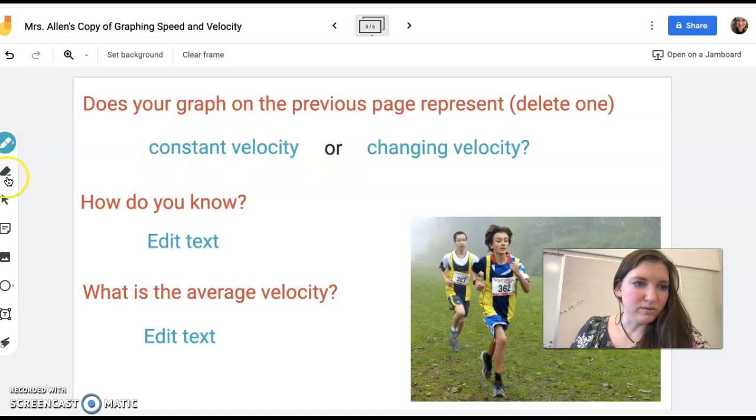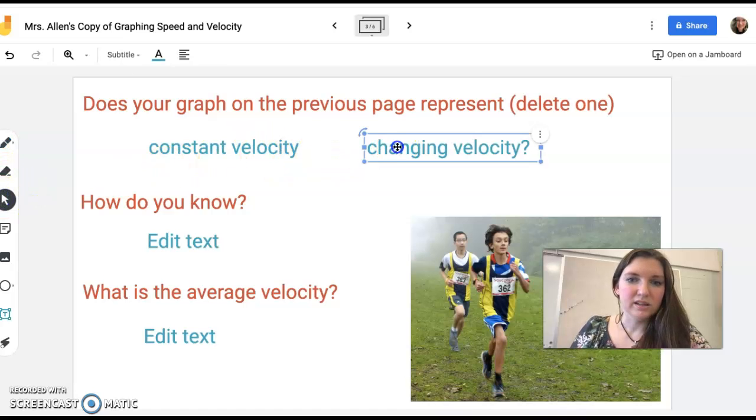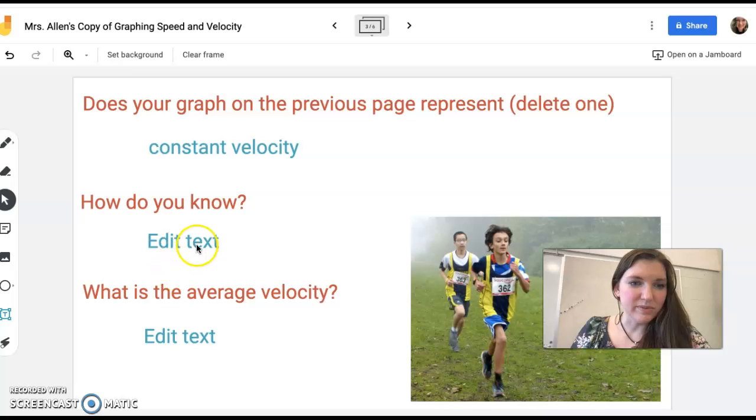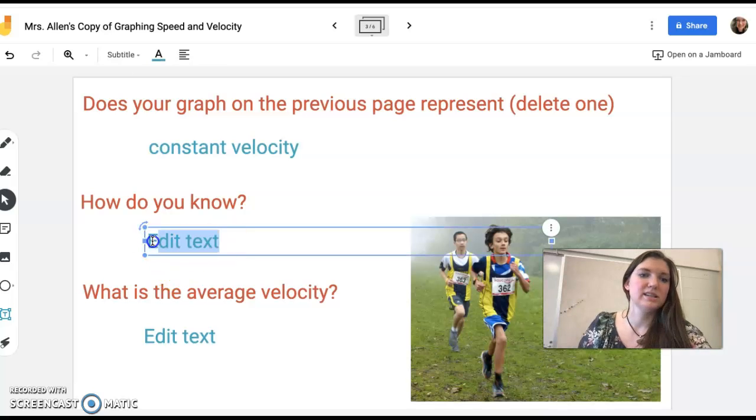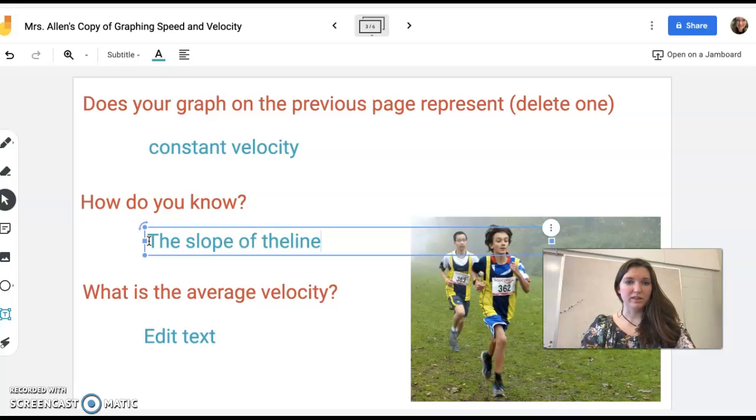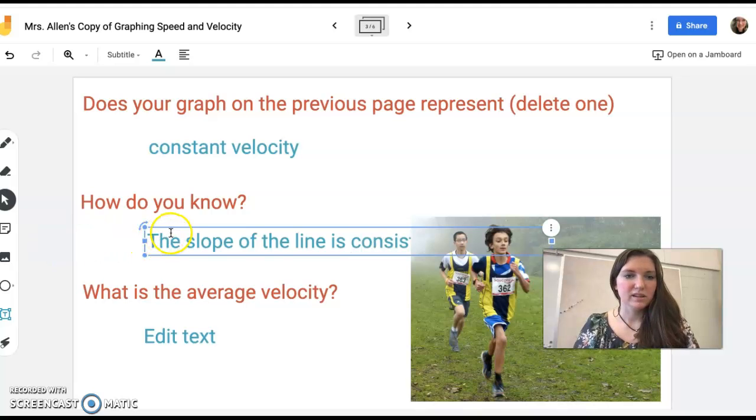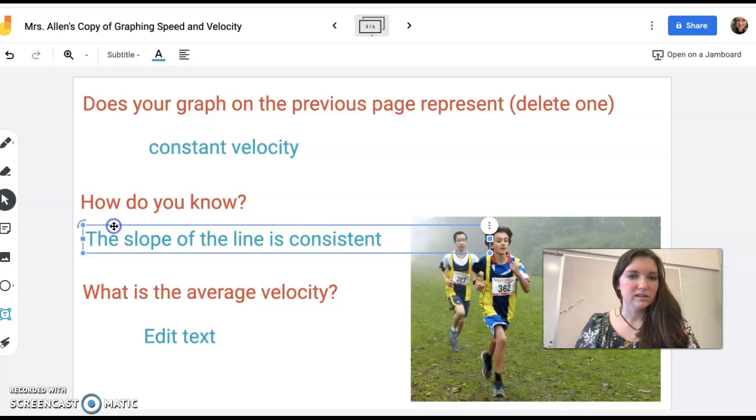Okay, so constant velocity, and I know because the slope of the line is consistent. Again, if that slope was changing, then that would be a changing velocity, but it's constant.